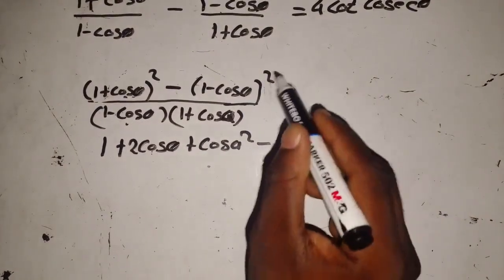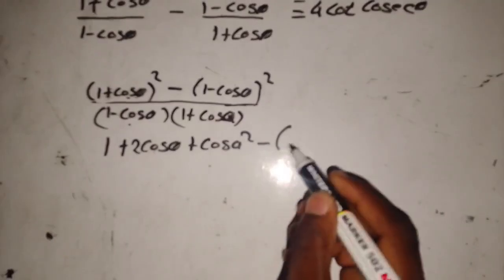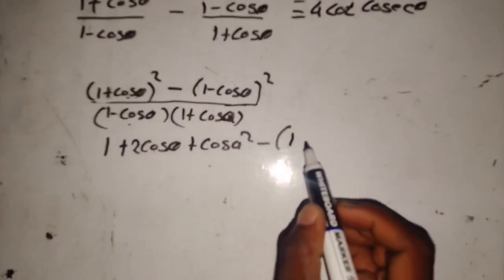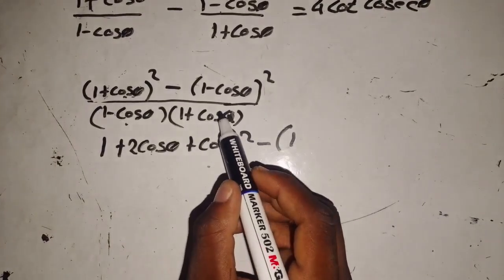Minus, on this side, (1 minus cos theta) squared, you begin with 1 squared, it will give you 1, isn't it? So we're going to have 1, then 1 multiplied by negative cos theta, we're going to have negative cos theta.